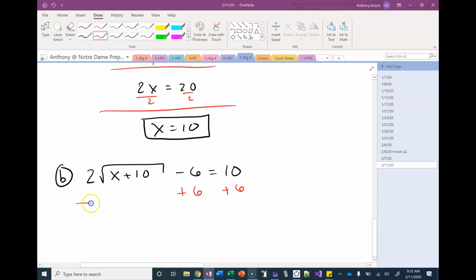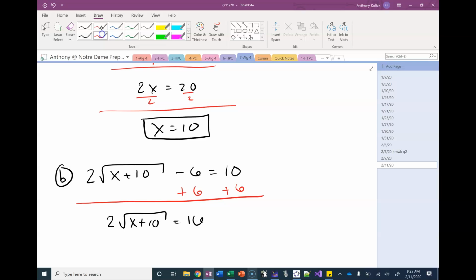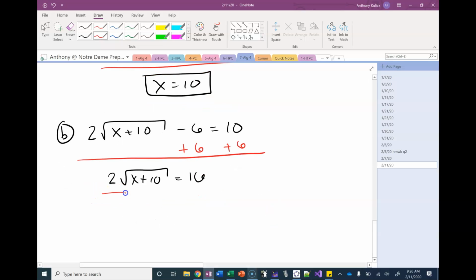So I'm going to begin by adding 6 to both sides. Next thing I would want to do is divide by 2.